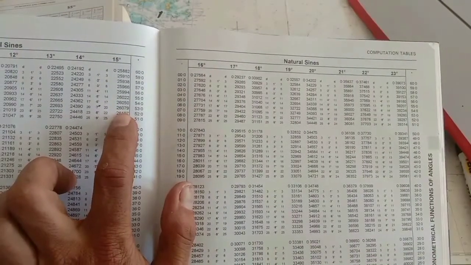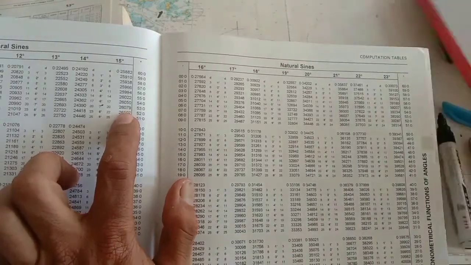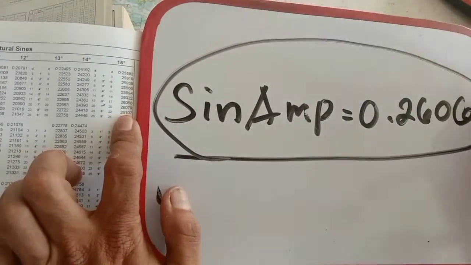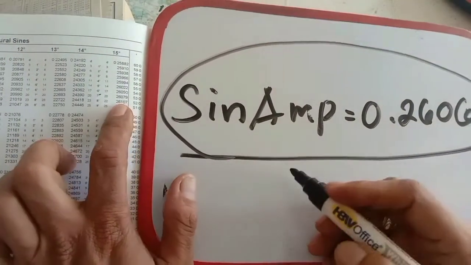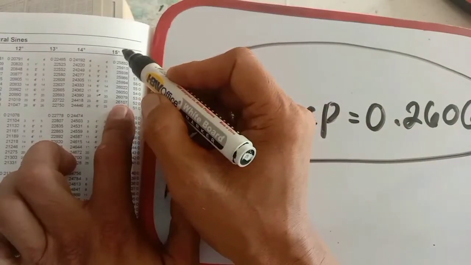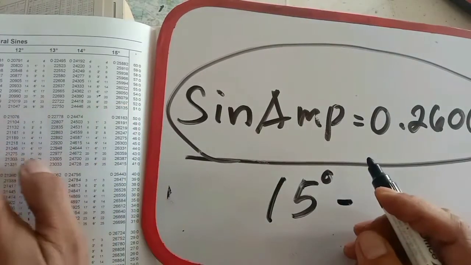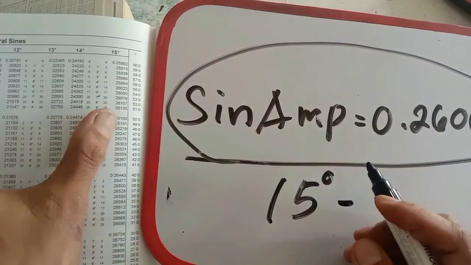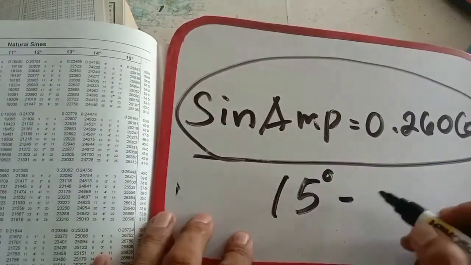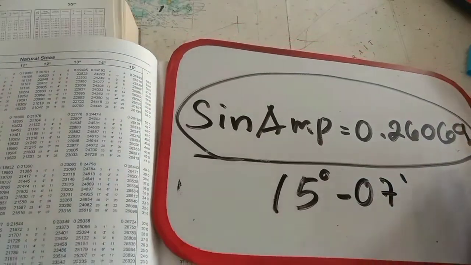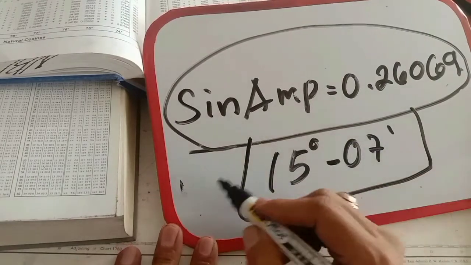So, 69 is close to this one. So, the value of sine amplitude in the table is 15 degrees. Nandun. 15 degrees. And, papunta tayo doon. 069. So, mas malapit tayo doon. So, pangatlo. So, 07 minutes. So, this is the amplitude.